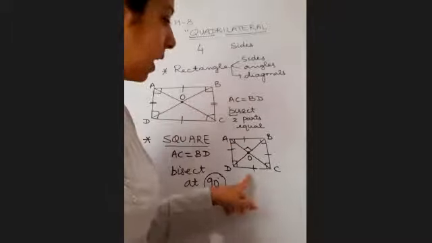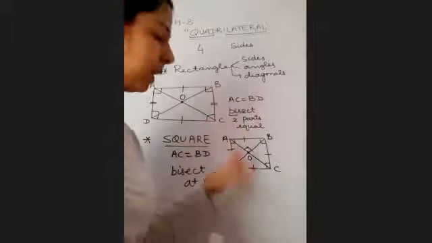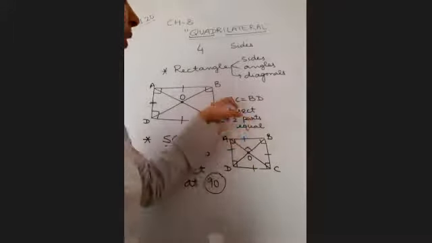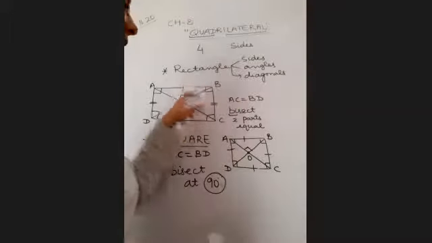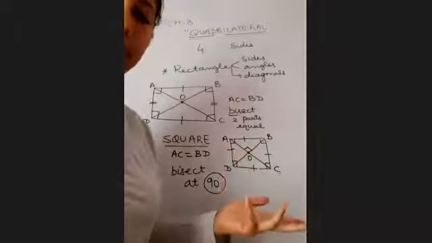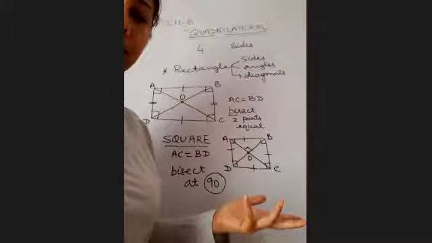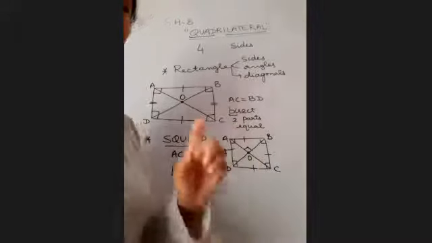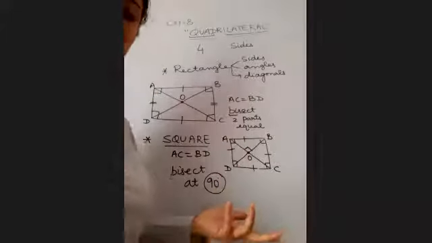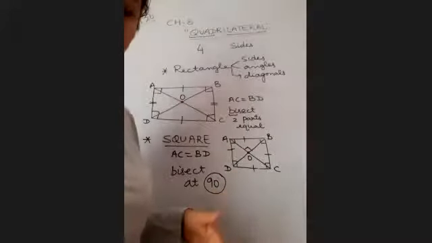So I will start looking for the properties of a rectangle in this. I know a quadrilateral is a rectangle if its opposite sides are equal. Are the opposite sides equal in a square? Yes, ma'am. All 4 are equal means opposite are also equal. Got it, beta? ठीक है.